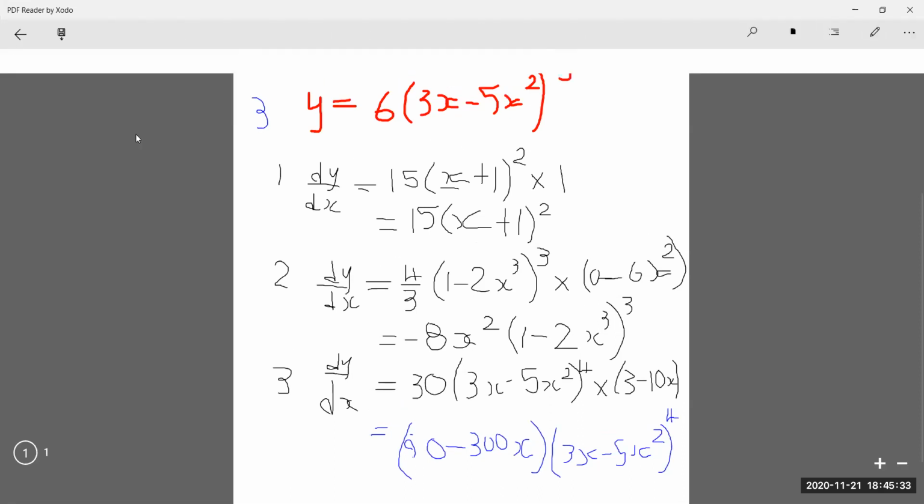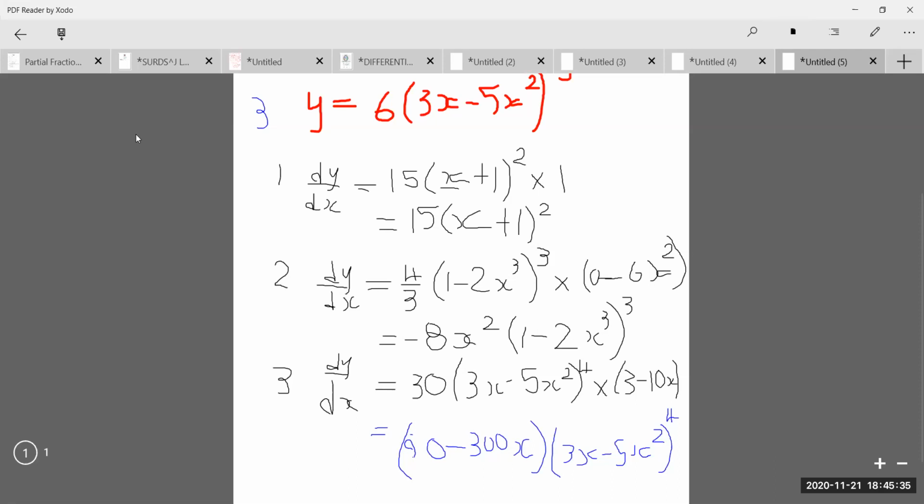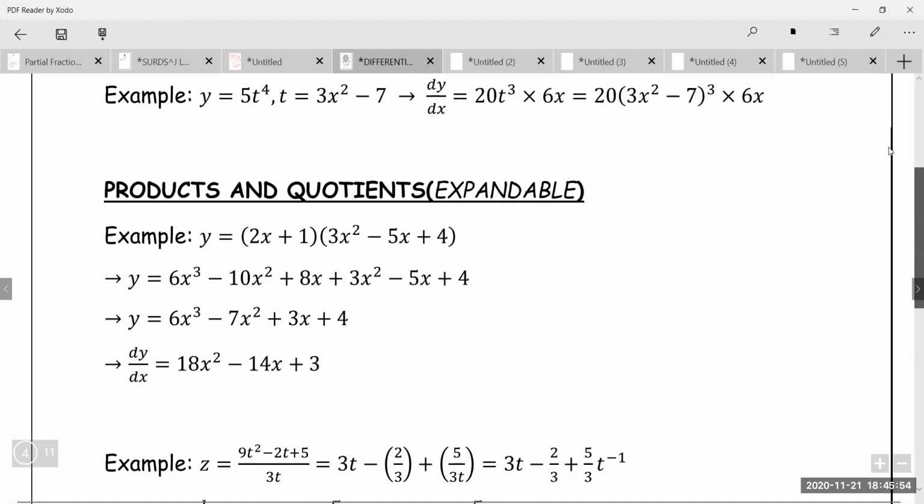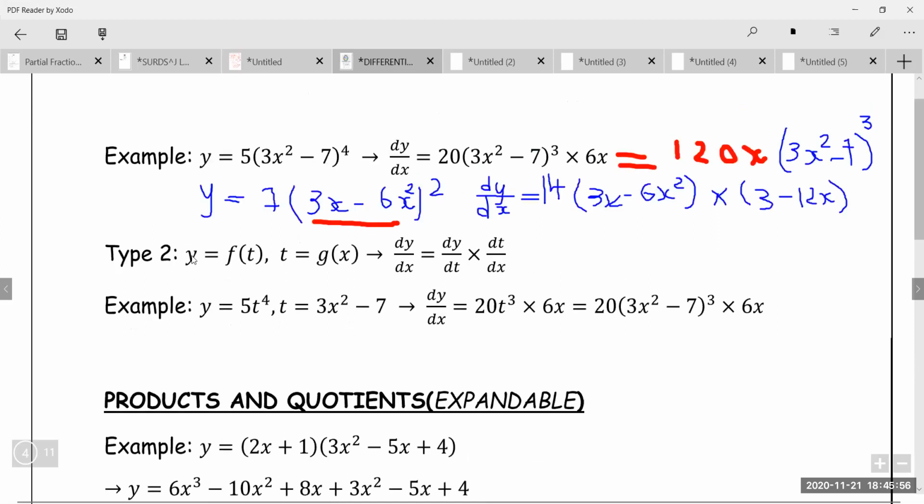All right. Now there's type 2 in differentiation. The second type of composite is when you have y written as a function of t and t written as a function of x. How are you going to find dy by dx?